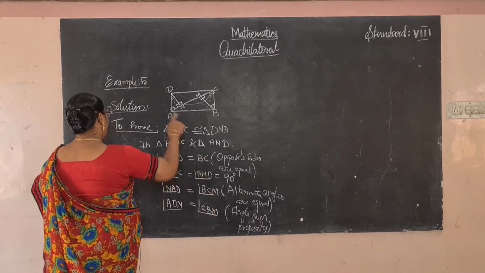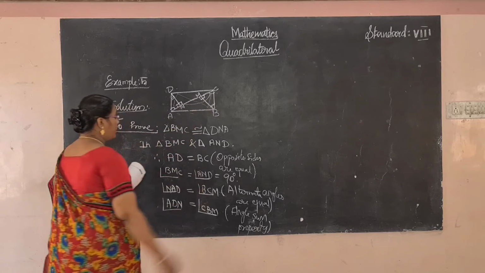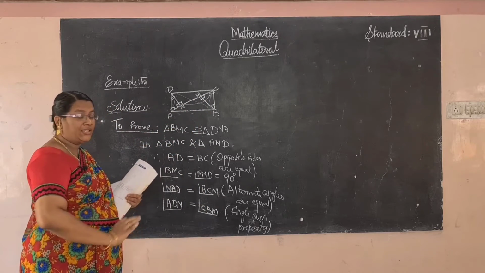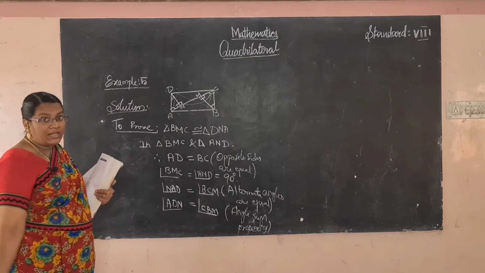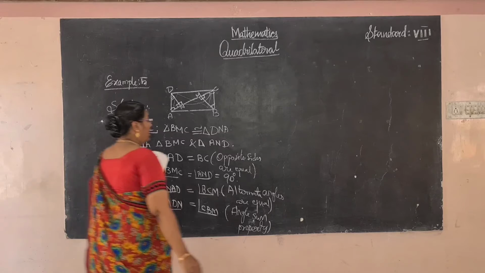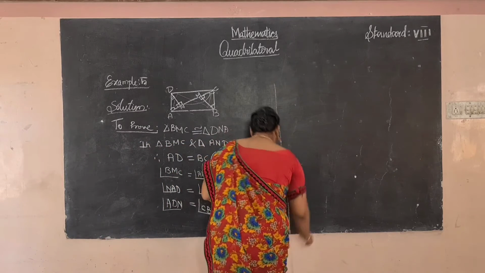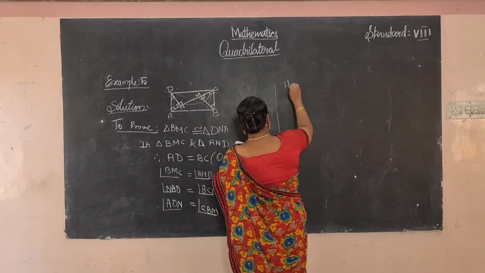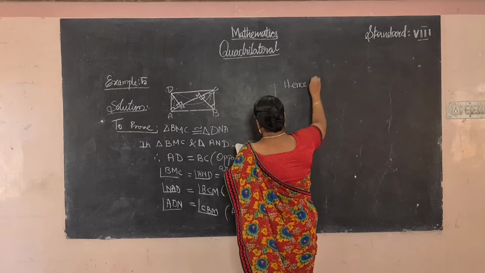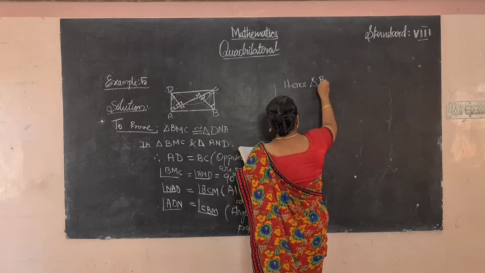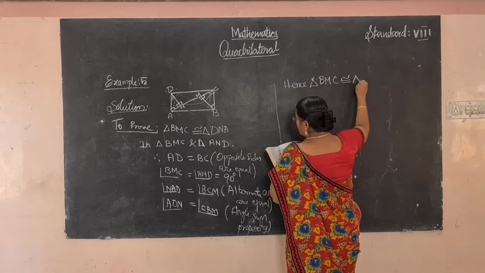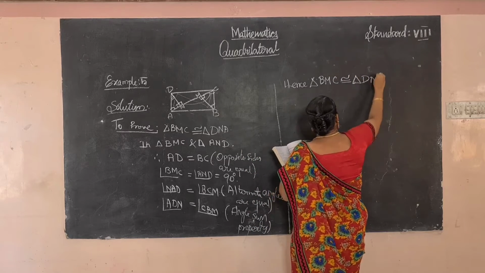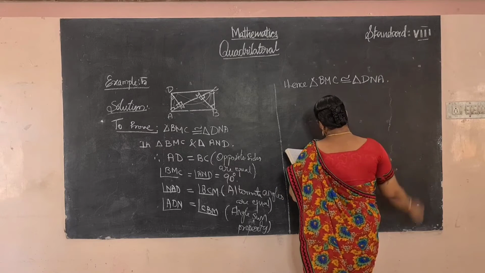Now we have found these two are congruent because everything is satisfied. At the same time this triangle has all the same values. Therefore, the triangle BMC is congruent to the triangle DNA.